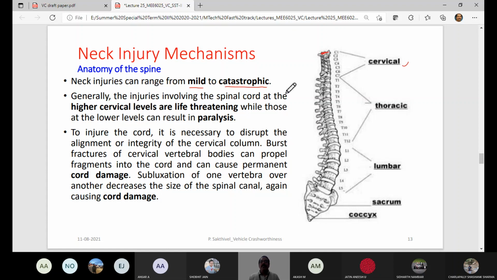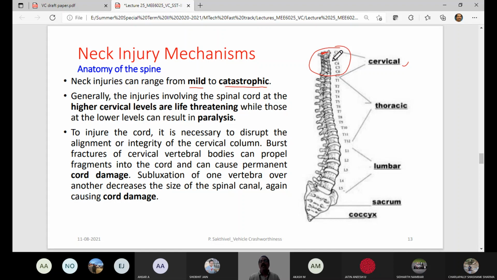So neck injuries, if you look at it, are confined to this portion. Only cervical injuries are called neck injuries. Thoracic injuries we look at separately. Abdomen injuries we'll look at, and then lumbar after that, right? So today's neck injury mechanism is all confined to cervical injury, that's related to C1 to C7. C1, C2 are very, very vulnerable.